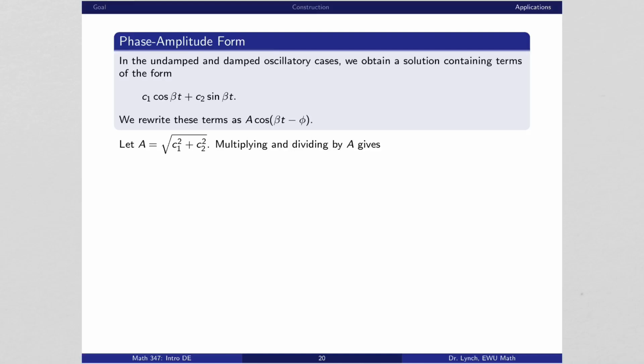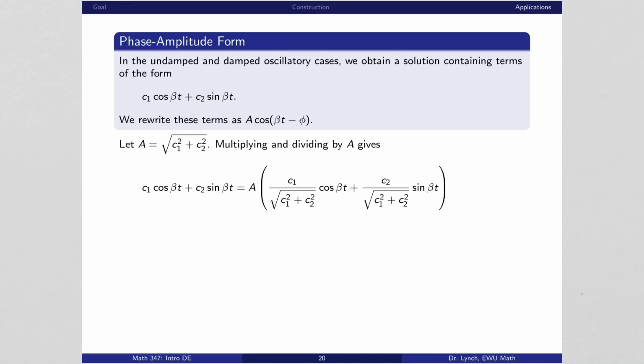And the trick is to let the constant a be the square root of the sum of those constants c1 and c2 squared. In this case, multiplying and dividing by a gives us this form for the linear combination of cosine and sine. Here I've written a out front of the parentheses and then just expressed a in the denominator as the square root instead.